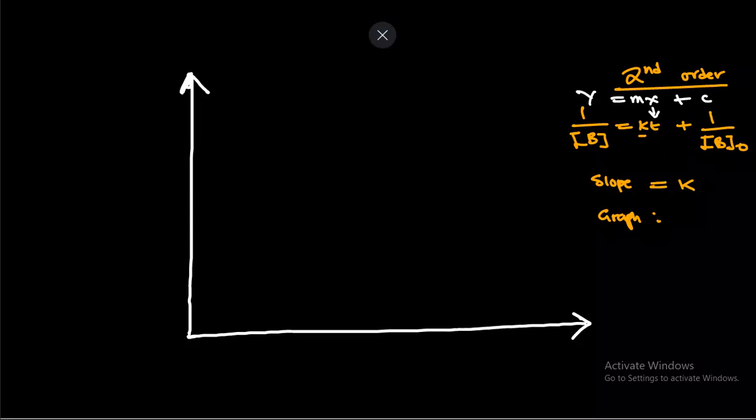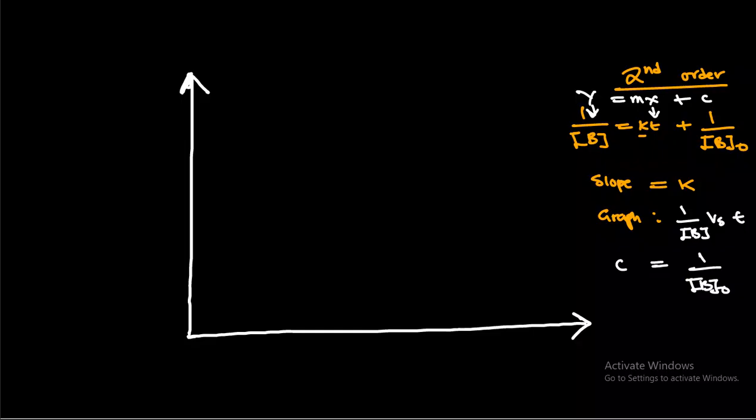So the graph should be y versus x. So the graph is going to be a graph of 1 over [B] versus time. That is the graph. Then the intercept is going to be equal to 1 over [B] initial.